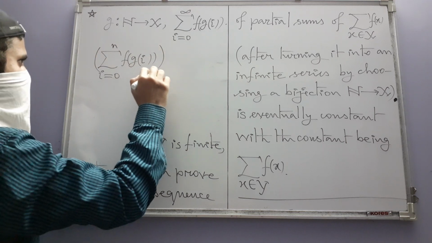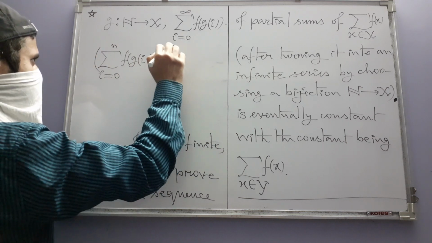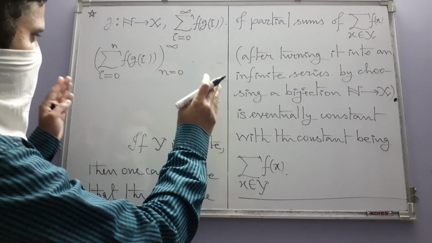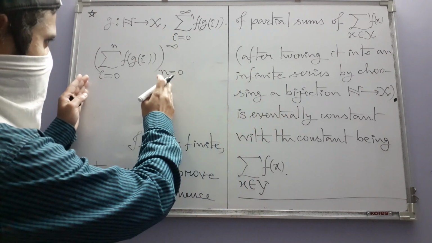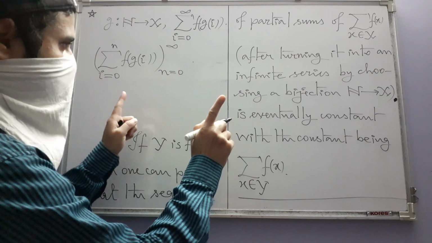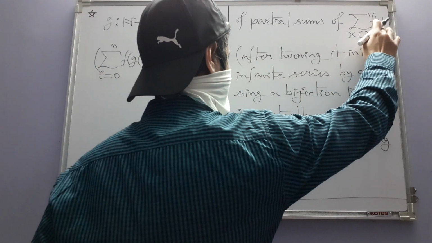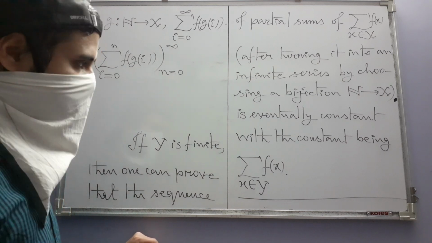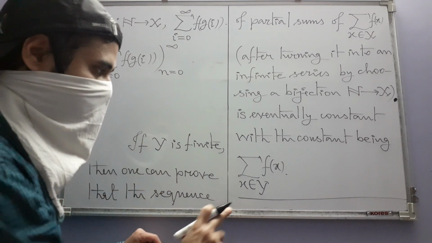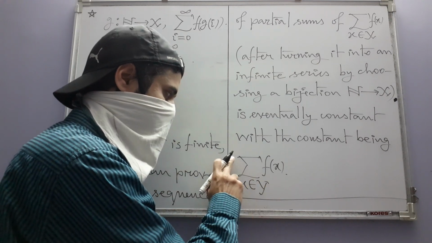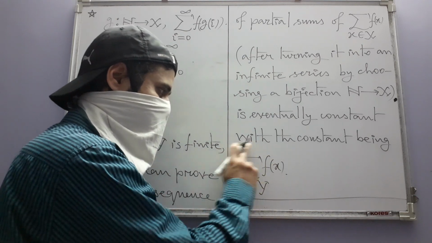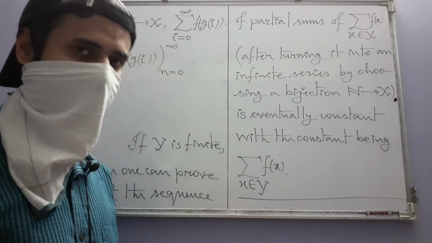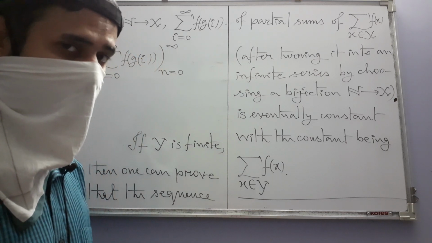This is the sequence of partial sums of this series. Now whatever real number this sequence converges to, that is the sum, that is the value of this. On the other hand, because here y is finite, we already know the value of this. It's just a sum of finitely many real numbers, f values.